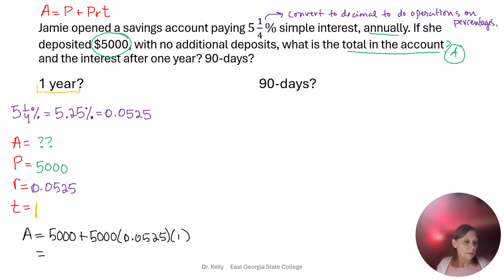And when you add all of that together and do the math, we get $5,262.50 in 1 year.